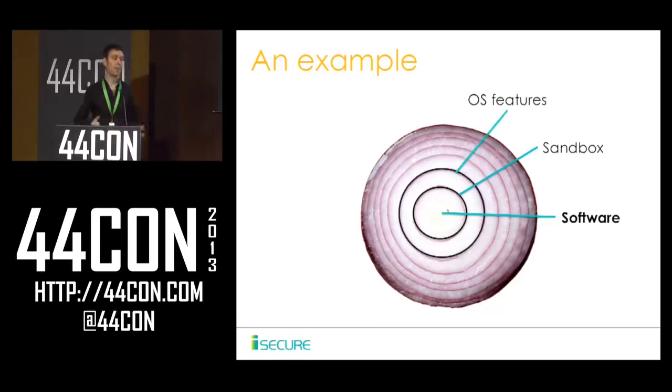You can use the built-in operating system features like ASLR, DEP, SEHOP. These exist in most modern operating systems, but are not necessarily activated for all the software, especially software that does not come from the vendor of the operating system.